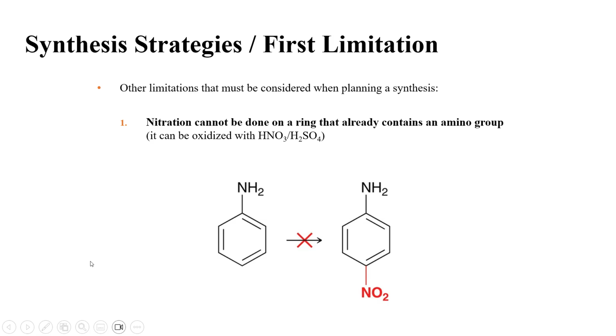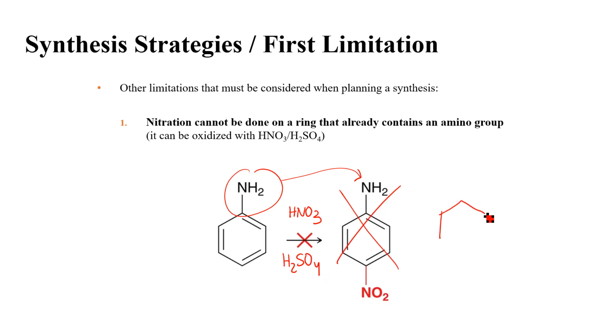Now, there's a couple of limitations with synthesis strategies. For one, if you're trying to add an NO2 group or do a nitration on something that already has an amino group, you can't do it, because the conditions that are used for nitration are just going to oxidize this to an NO2. So if I throw HNO3 and sulfuric acid at this, you're not going to get this product.